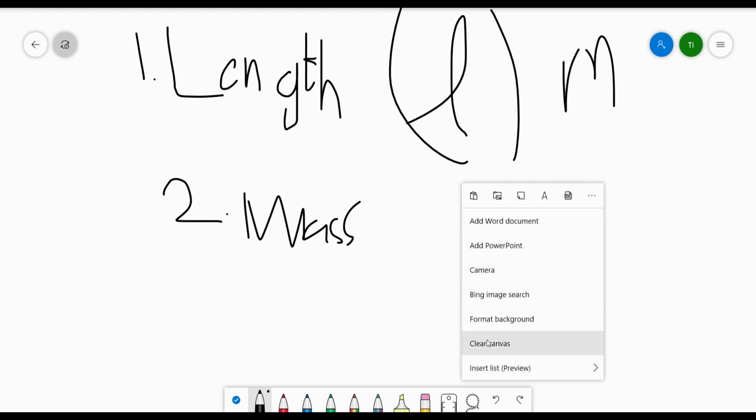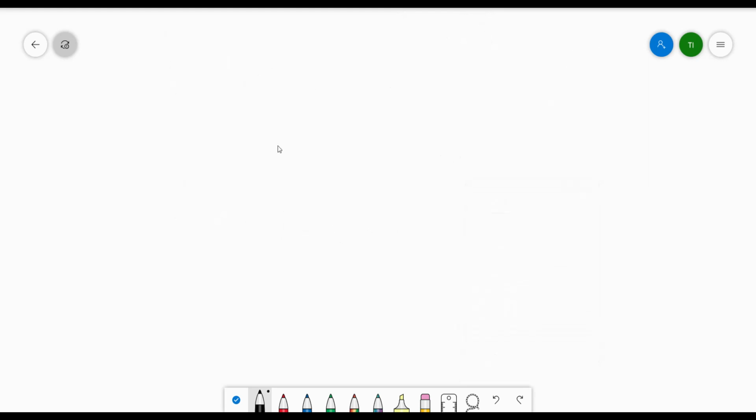I'm just gonna write the symbols because it's a bit hard for me to write using a mouse. So the first base quantity is L, which is length, and its unit is meters. The second one is mass, and the unit of mass is kg. You may all be familiar with this.